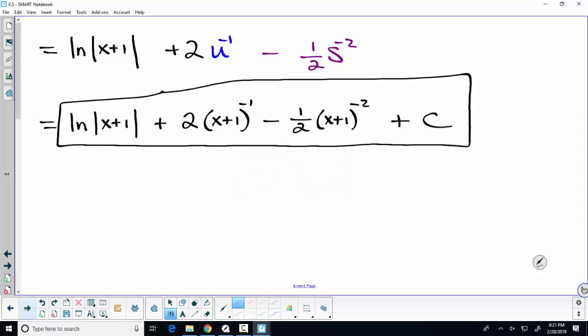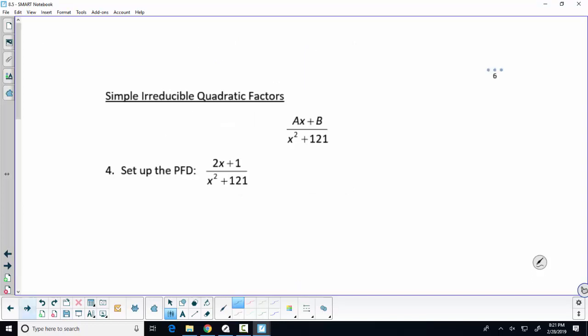Okay, irreducible quadratic. So, for example, what would the partial fraction decomposition look like for 2x plus 1 over x squared plus 121? That's our breakdown, right?